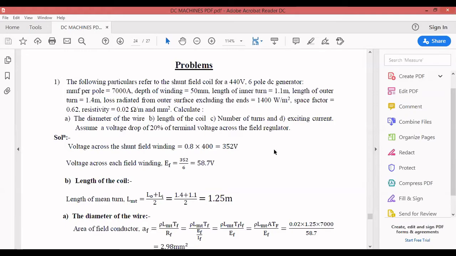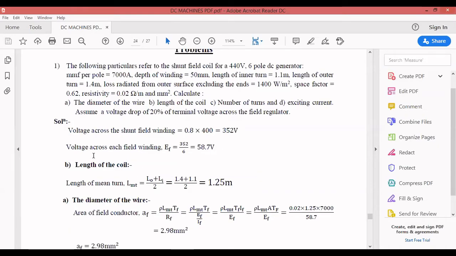Because all the shunt field windings are connected in series, if we take the entire 6 poles, the total voltage across the shunt field winding will be 352 volts, because they gave that there will be a 20% drop. Next, calculate the voltage across each field winding. What I want is the voltage across each field winding.